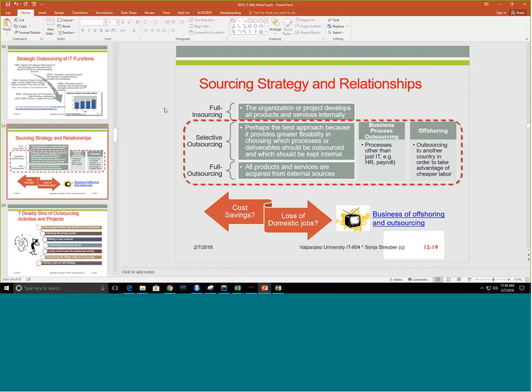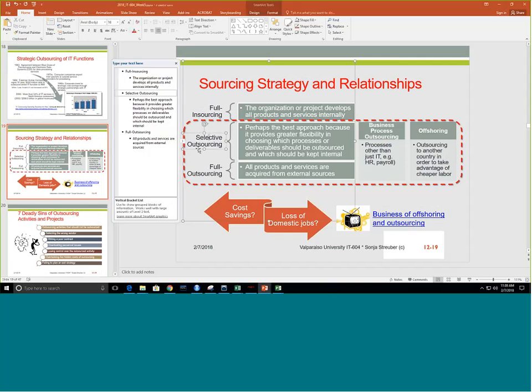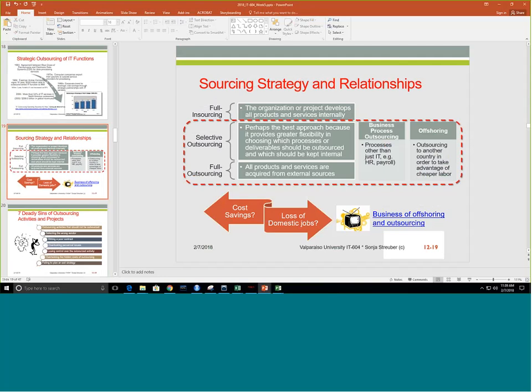So we have full insourcing, which really doesn't happen anymore. Most often we have IT services that are selectively outsourced, like, for example, just the hardware support, or there is full outsourcing in which all IT functions, which is hardware support, software support, licensing support, and everything else, are outsourced. You don't have that all that often either.